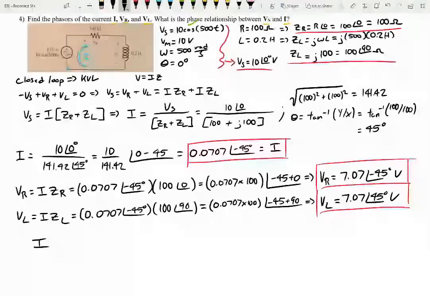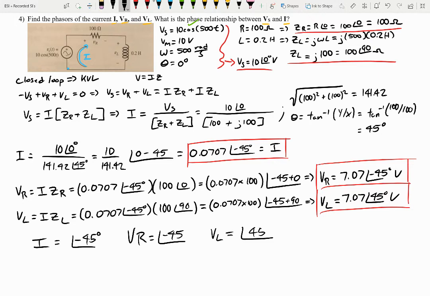So the I phase angle is negative 45 degrees. The voltage in the resistance has negative 45 degrees, and then the voltage in the inductance is equal to 45 degrees.